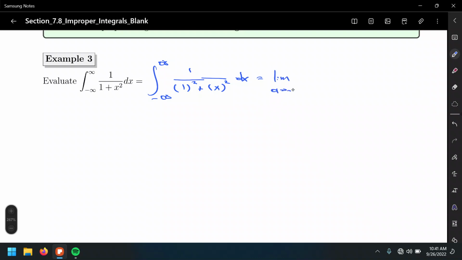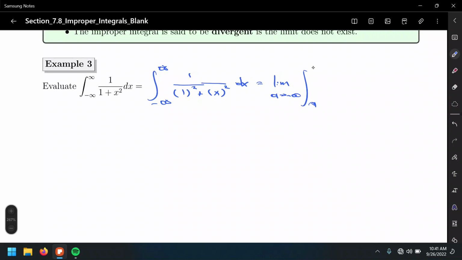Limit a approaches negative infinity of the integral from a to, I'm going to do it to 0 this time, of 1 over 1 plus x squared dx, plus limit b approaches infinity of the integral from 0 to b of 1 over 1 plus x squared dx, right?